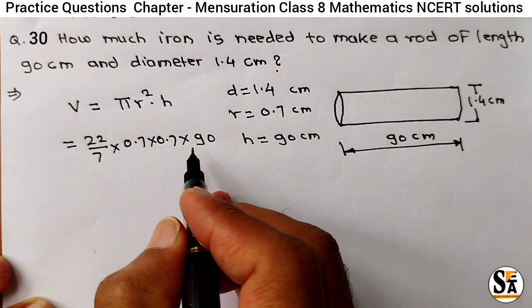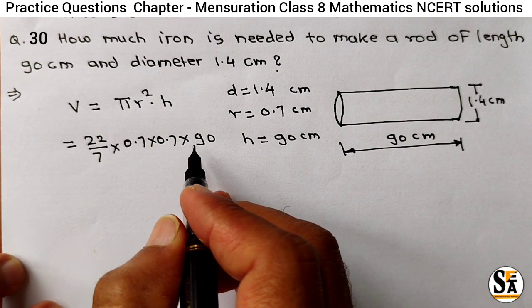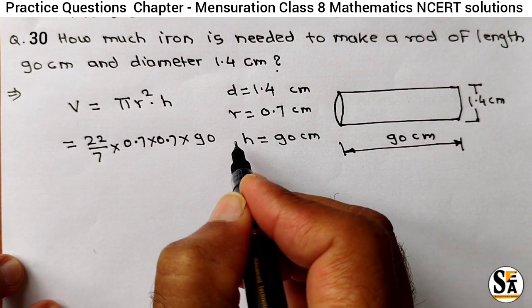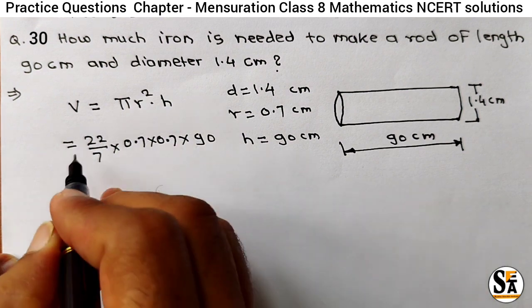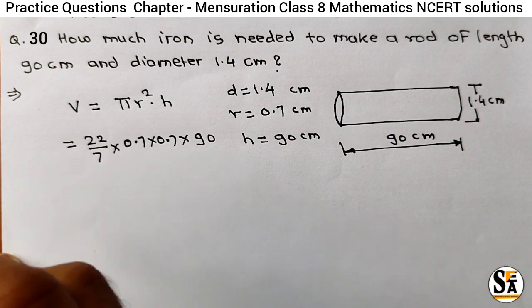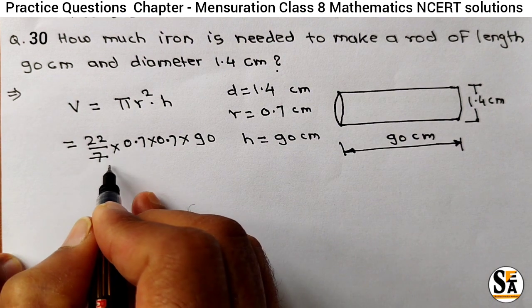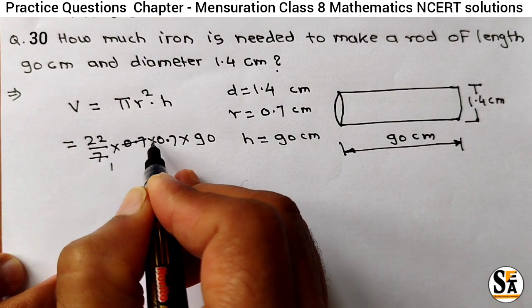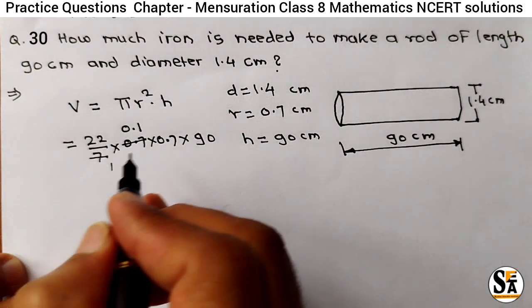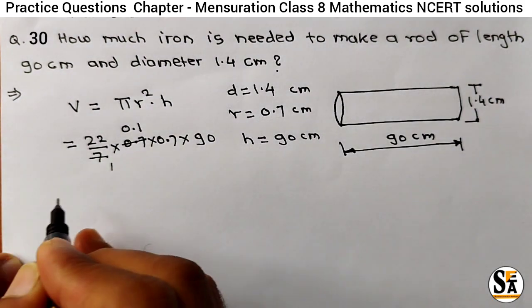Now make the calculations. You can compensate this point with the help of 10 raised to minus something, or you can directly calculate. So this 7 and this 0.7 will get cancelled. Here it will be 0.1, isn't it? In this question I will directly make the calculation.